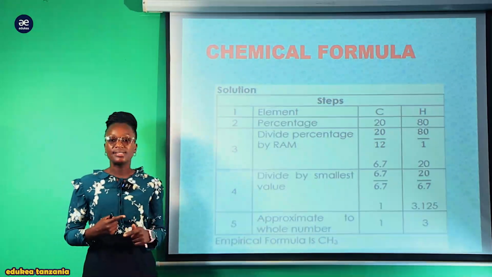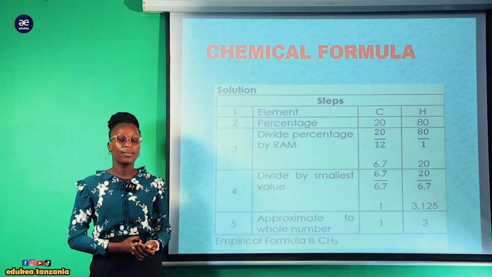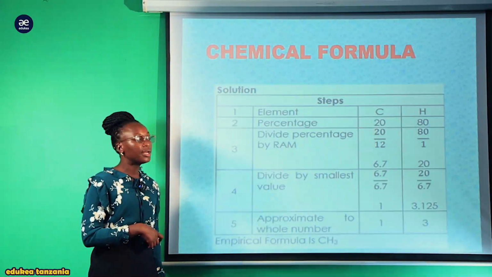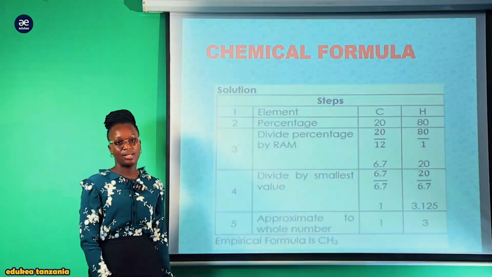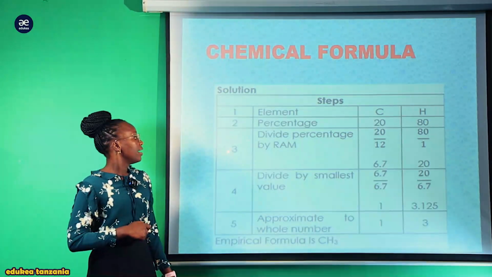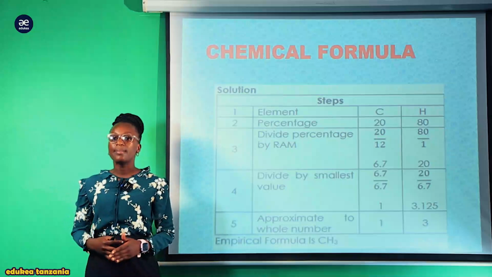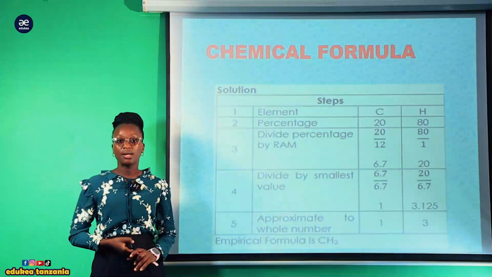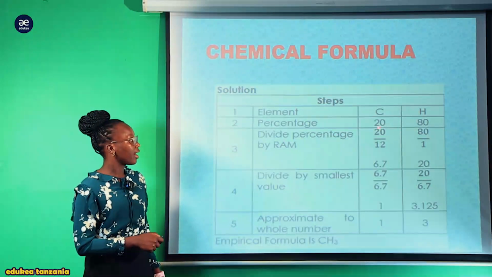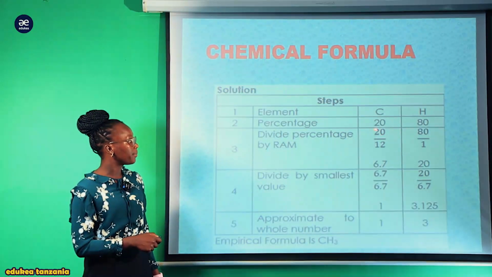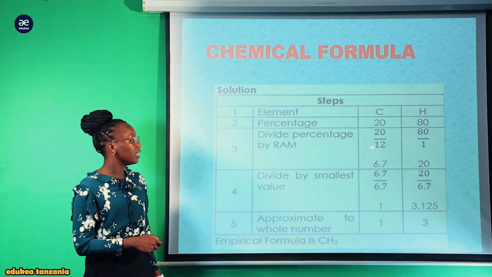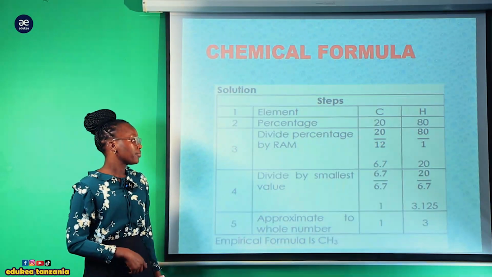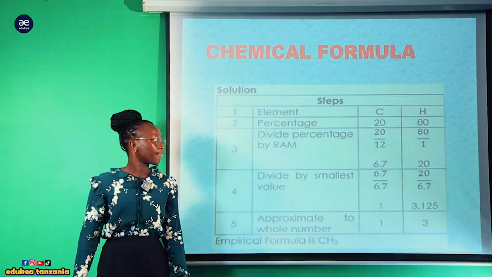Now the second step tunaandika the percentage composition, ambapo ya carbon we have 20 and ya hydrogen tuna 80. So the third step we divide the percentage by relative atomic mass, ambayo inakuwa considered kwenye periodic table. So we take 20 chini ya 12, 80 chini ya 1. Then the answer is this one.